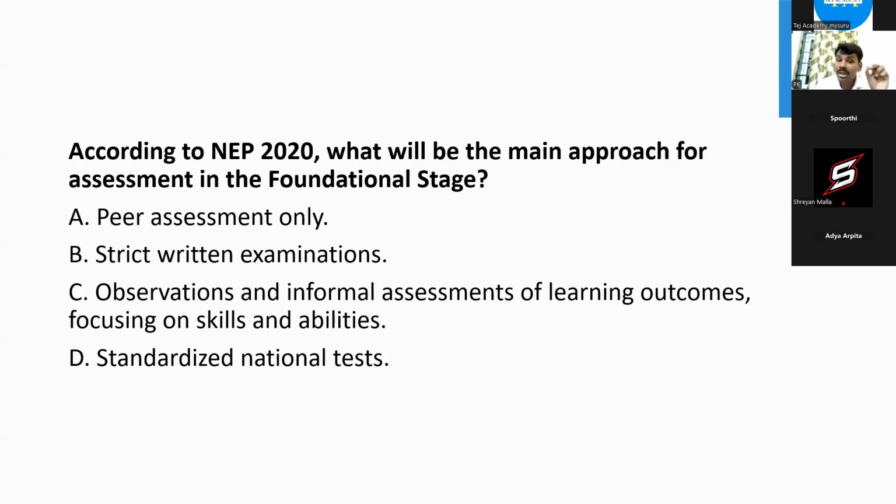Rather than making students write exams, a teacher has to observe and conduct informal assessments, like for example, making them play a game or giving them a task to perform. And through observation, based on the participation of students, based on how they approach the problem, the teacher has to assess the students in the foundational stage. Any doubt regarding this question?